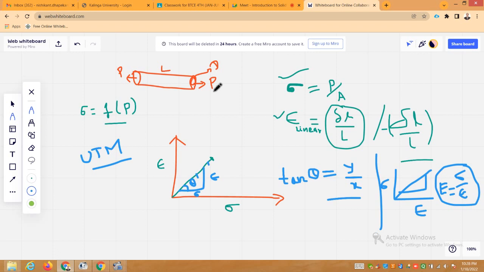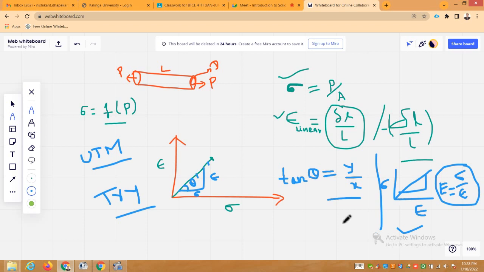You will definitely get the values of stresses and corresponding strain. You will plot the graph. You plot like this and you try to plot like this. Then just watch and see the difference, what you will get.